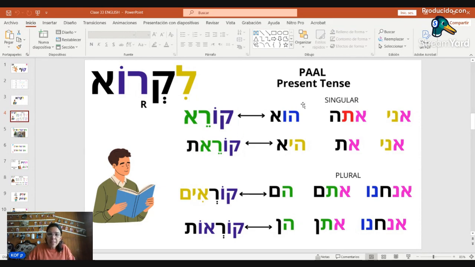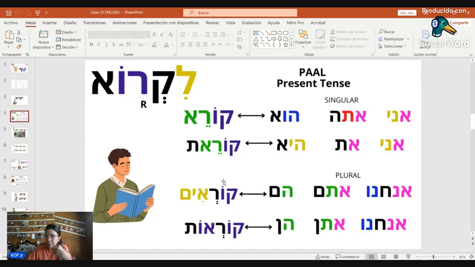To the feminine singular, we need to add tav. Why do we need to add tav to this one? Because it's a regular pa'al. So we add tav in the same way we did to lilmod: lomed, lomedet.